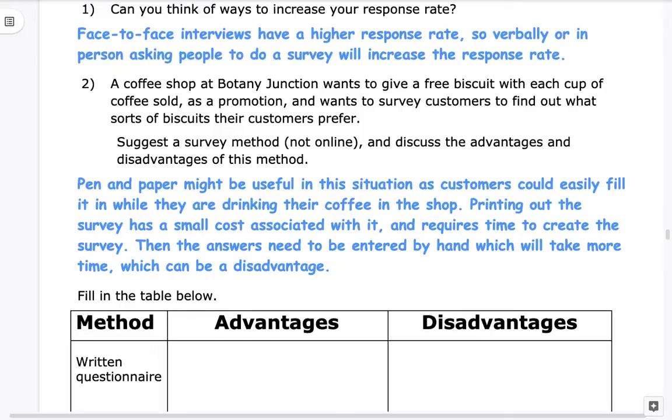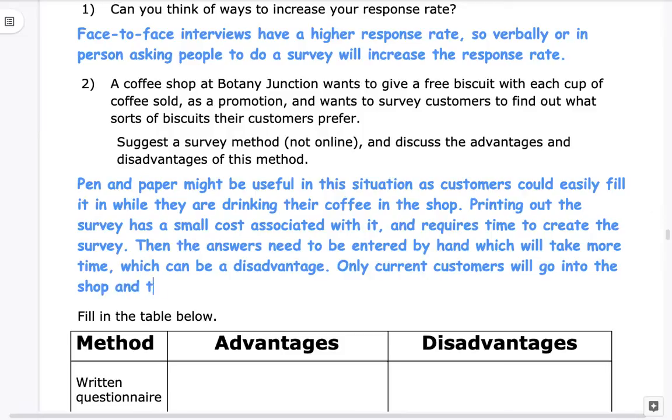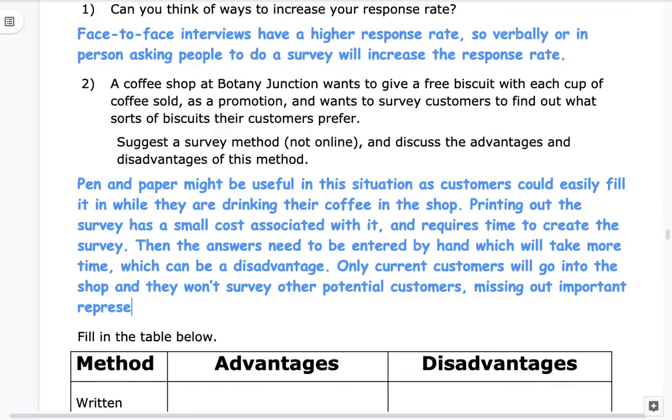What else? Only current customers will go into the shop, and they won't survey other potential customers, missing out on important representative data.